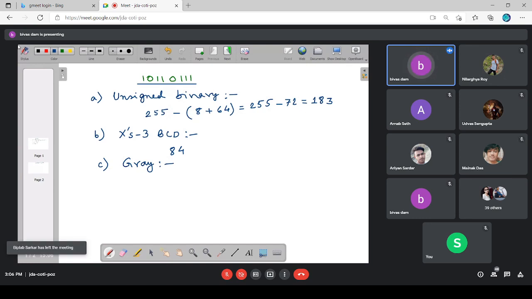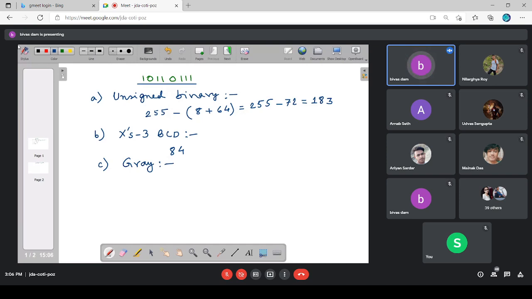You are told that this pattern is representing the decimal number in gray format. That means this pattern itself is in gray format. So to find out the decimal equivalent, you first have to convert it into binary, and then go for the binary to decimal conversion. So what will be the binary equivalent of the given format?